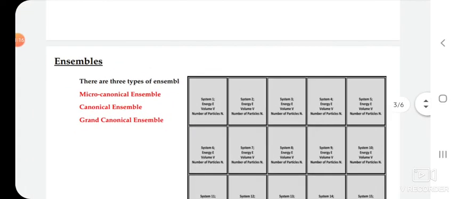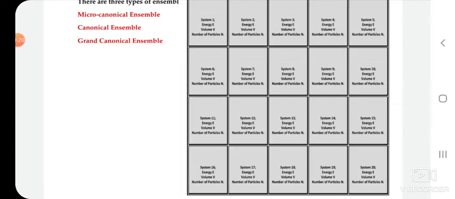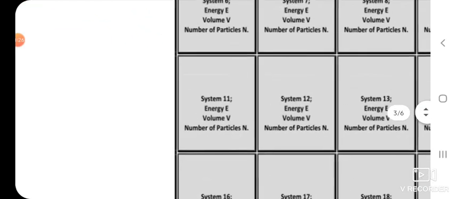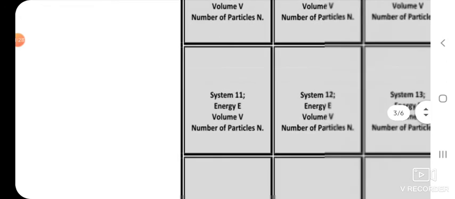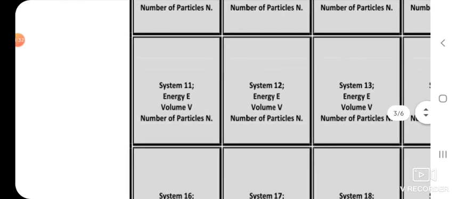Let us suppose several microcanonical systems are there. They are separated by rigid, impermeable, and insulated walls, such that the values of energy, volume, and number of particles are not affected by the mutual presence of other systems.